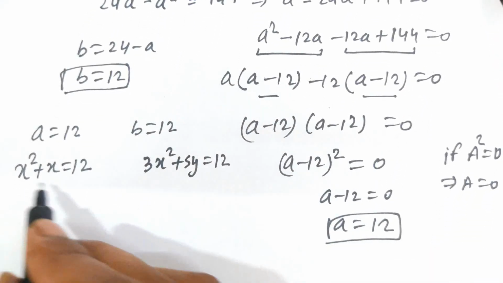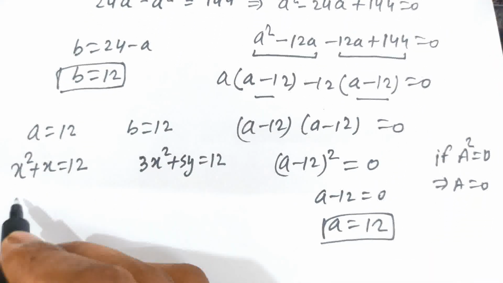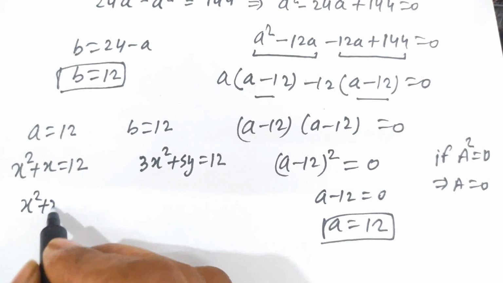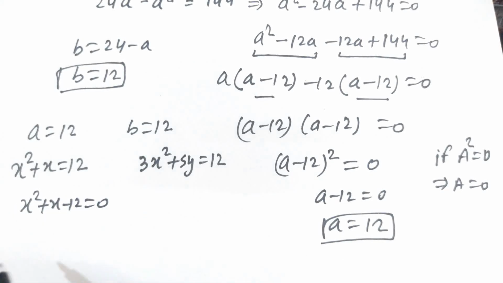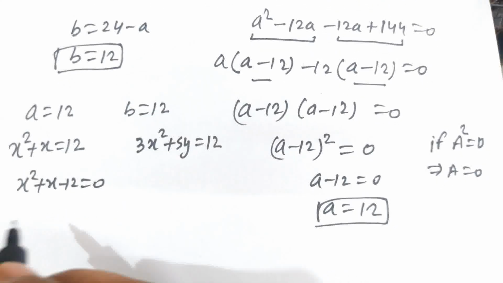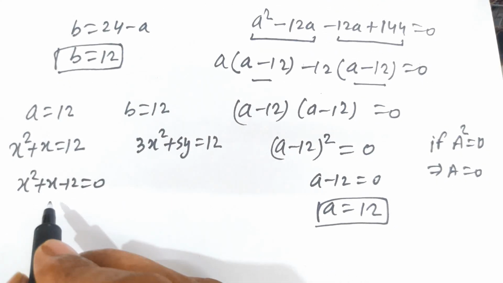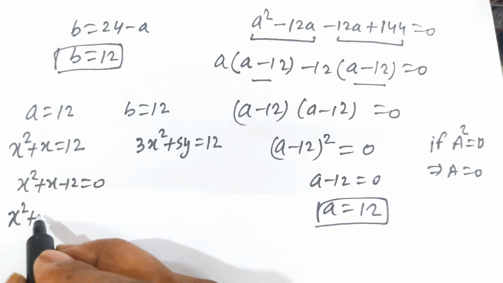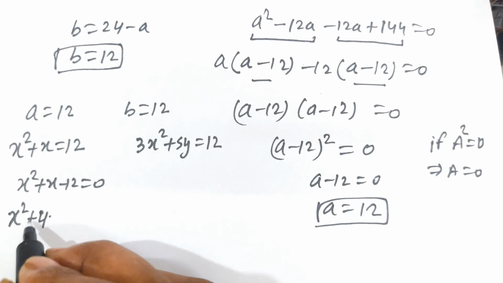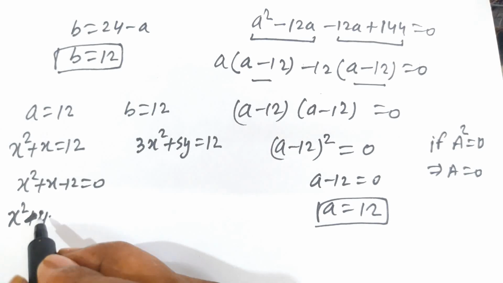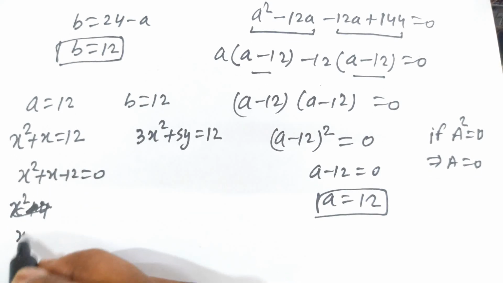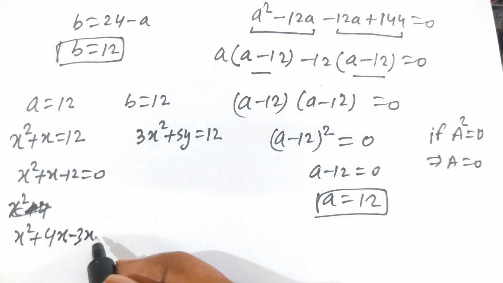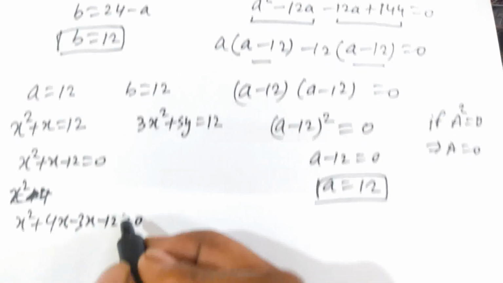Now here this is quadratic equation in terms of x. So first if we take all the expression in same side, then you will get x square plus x minus 12, this is equals to 0. This is quadratic equation in terms of x. By using middle term split we will find out the value of x. Here x square plus x minus 12, x square plus x is same as x square plus 4 times x minus 3 times x, and minus 12, and this is equals to 0.